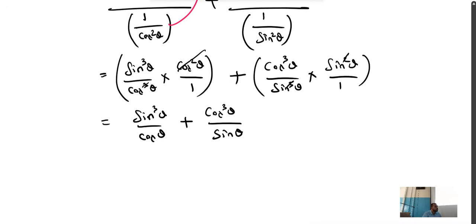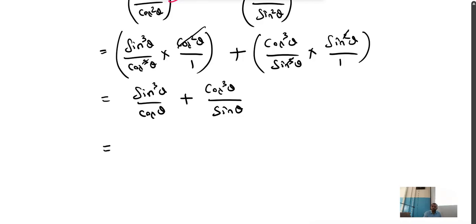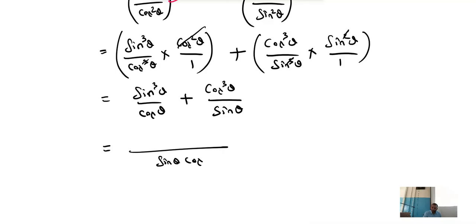Clear? Can we take the LCM now? What is the LCM for cos theta and sin theta? Sin theta into cos theta. This entire term is multiplied by sin by cos and gets cancelled. Sin cube theta into sin theta, sin power 4 theta. Cos cube theta into cos theta, cos power 4 theta.